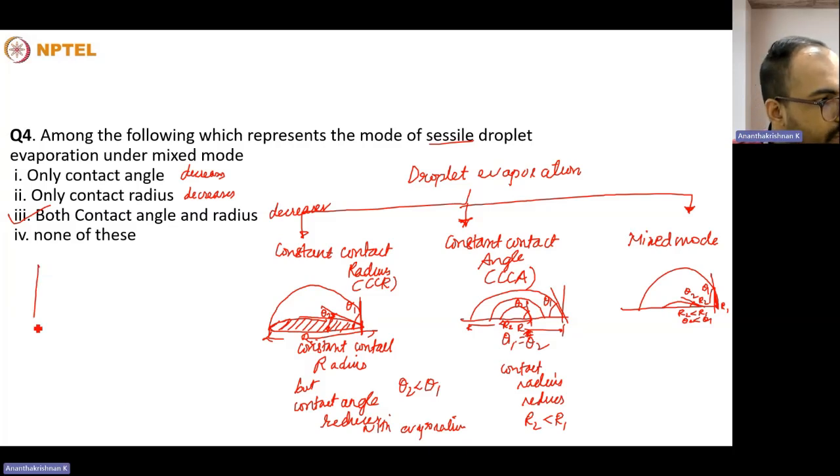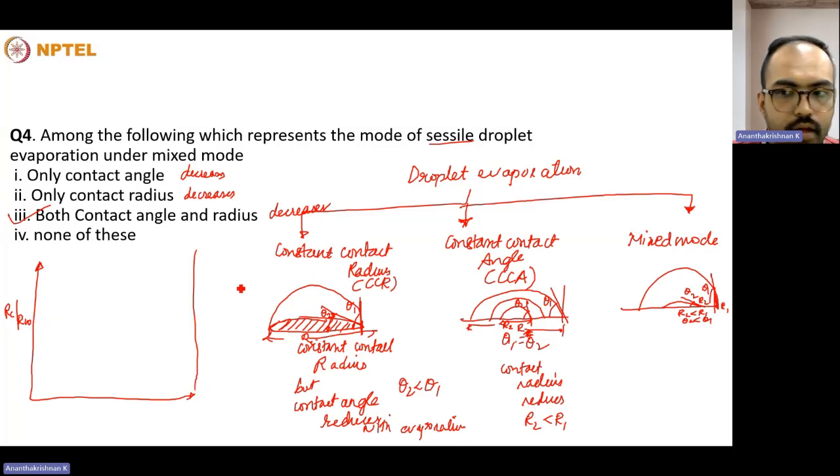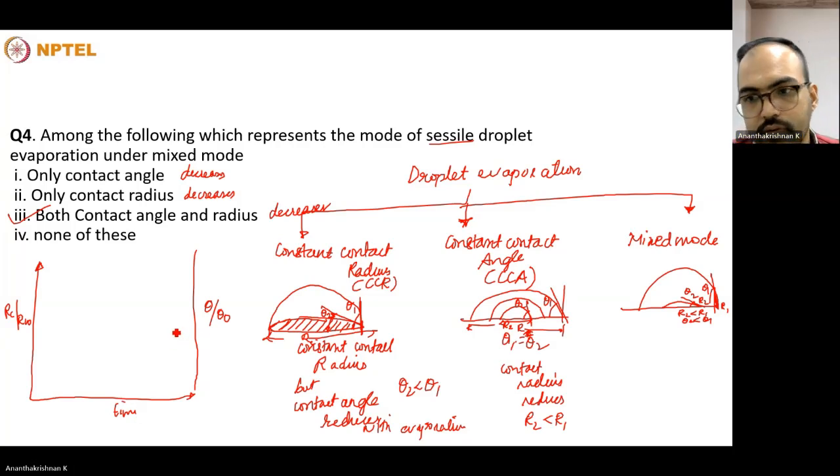If you try to plot the ratio of the contact radius to the original contact radius, as well as the new contact angle theta to the original theta, with respect to time, what we could observe is that there will be an initial stage with a constant contact radius phase.